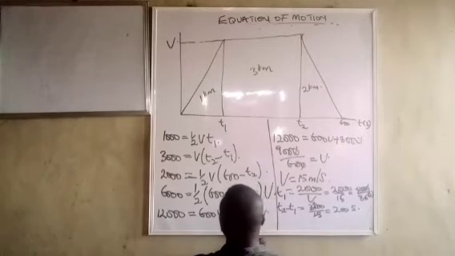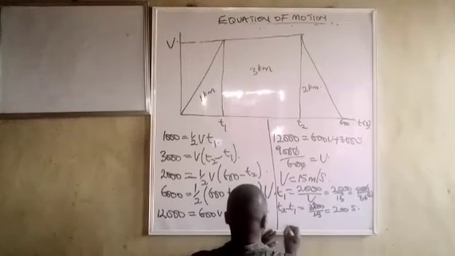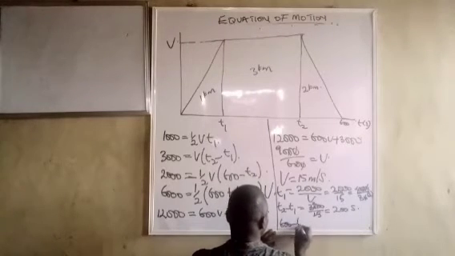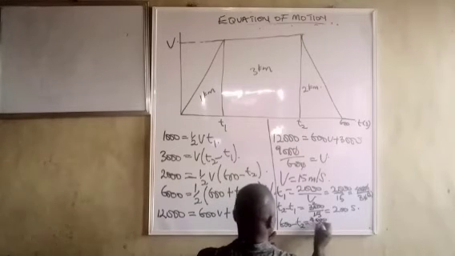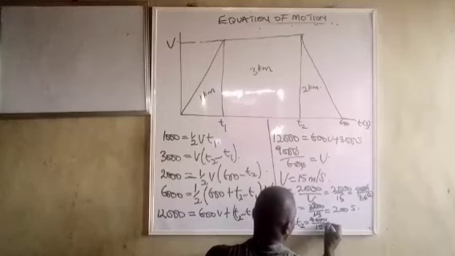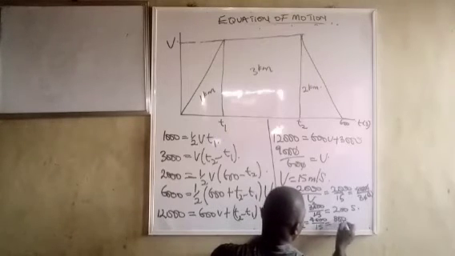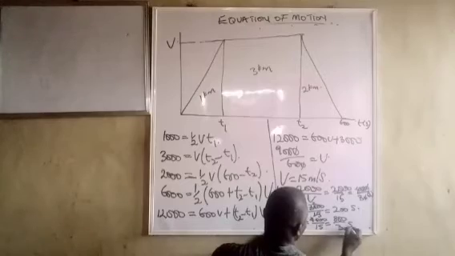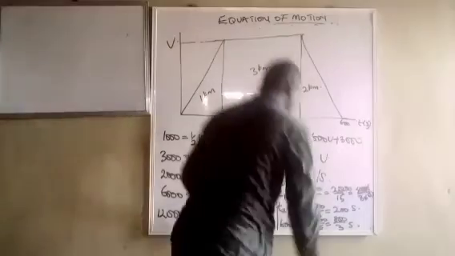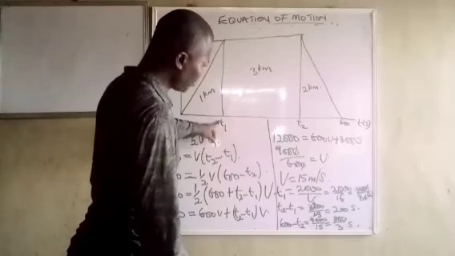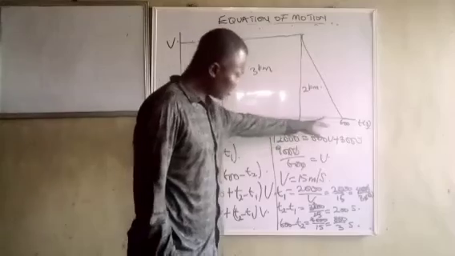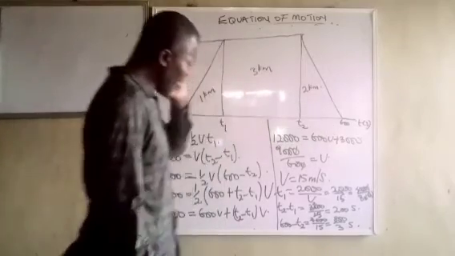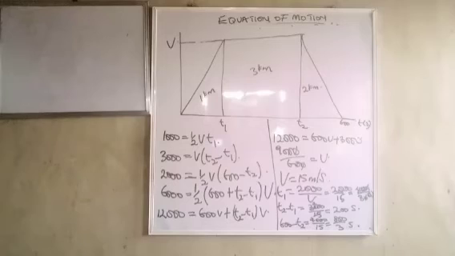The last part, which is 600 minus T2, will be equal to 4000 over 15, which is equal to 800 over 3 seconds. So the first time interval will be 400 over 3 seconds, the next one will be 200 seconds, and the last one will be 800 over 3 seconds. And the velocity is 15 meters per second.